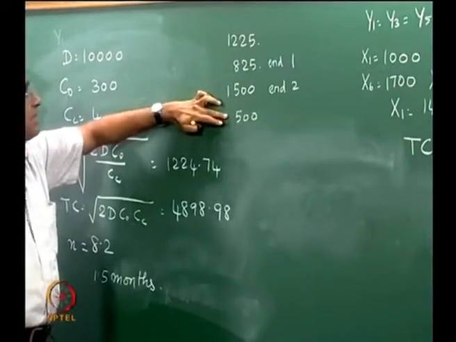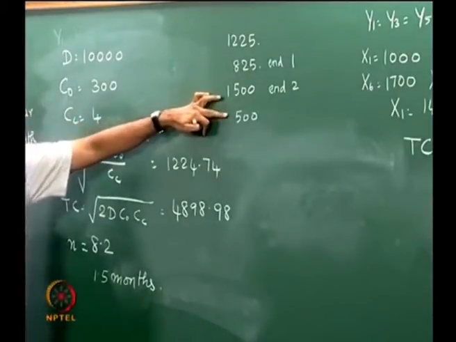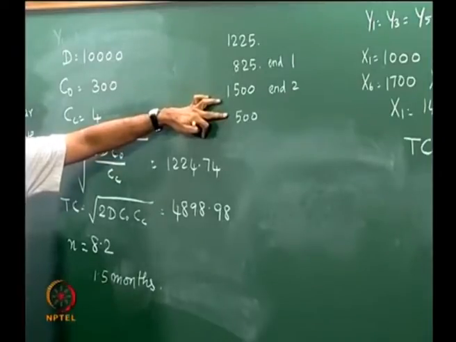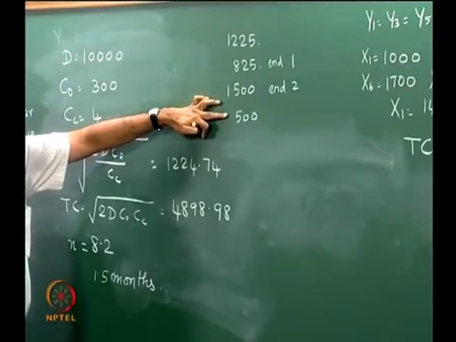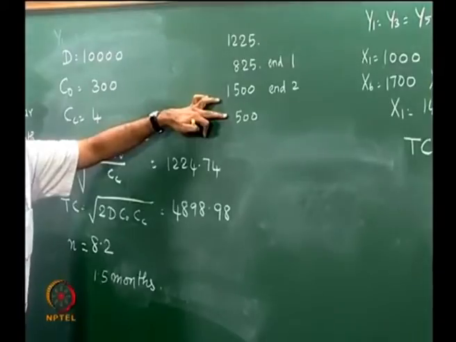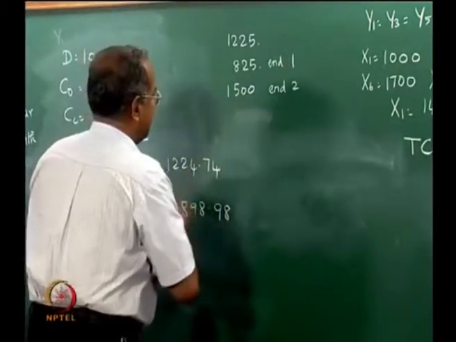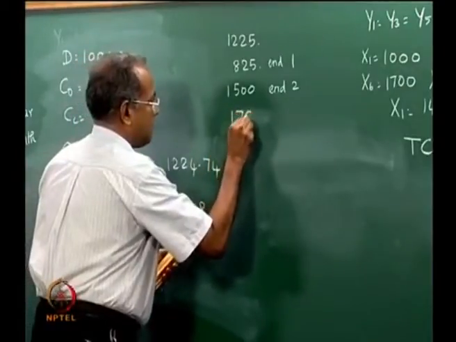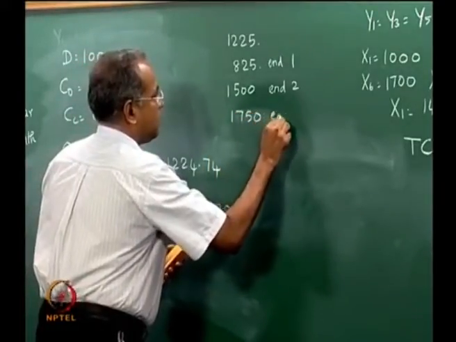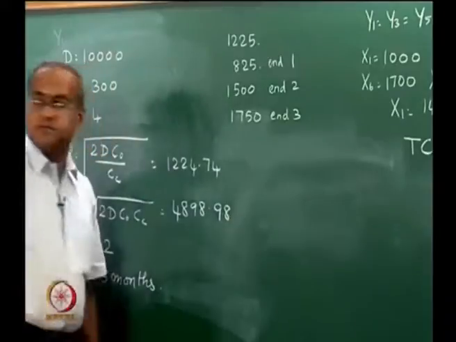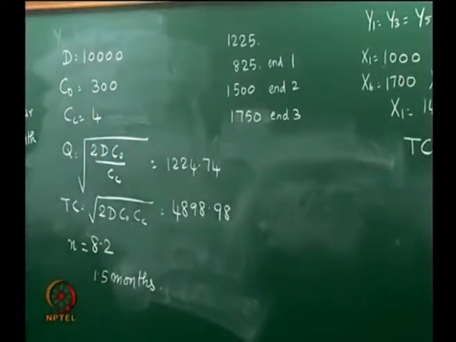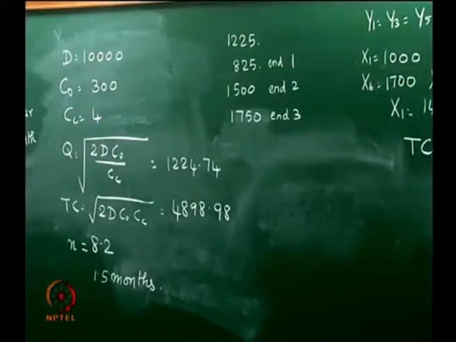So, 500 plus 1250 will be 1750. So, we will have 1750 here at the end of 3, that will be the inventory at the end of 3 and so on.